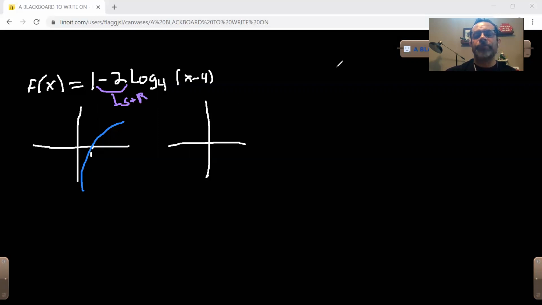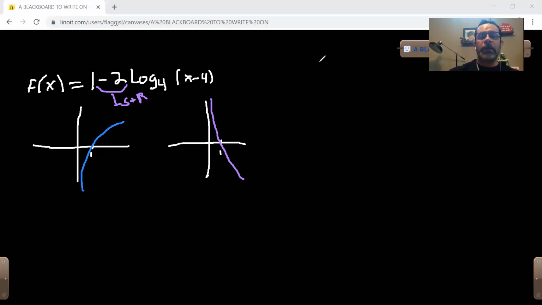Okay, so remember that we're just doing the graph. So it's still going to cross in 1, but it's going to be reflected, and it's going to be stretched. And the thing about it being stretched, remember that it only gets closer to the y-axis. So what's going to happen there is that we're going to have something like that. Okay.